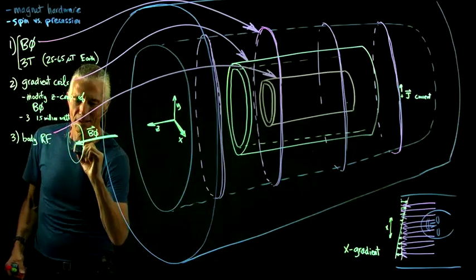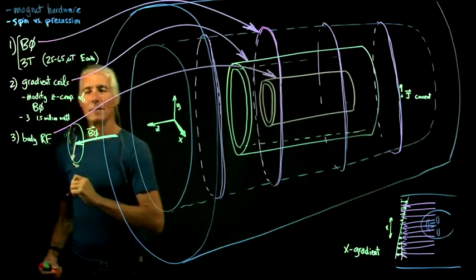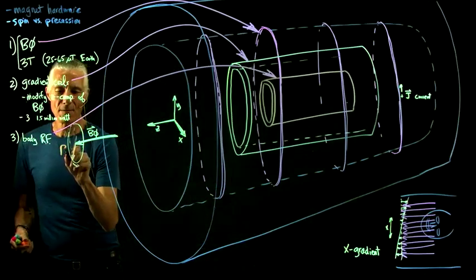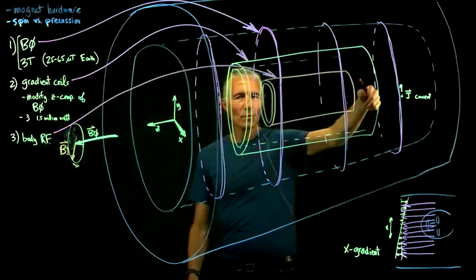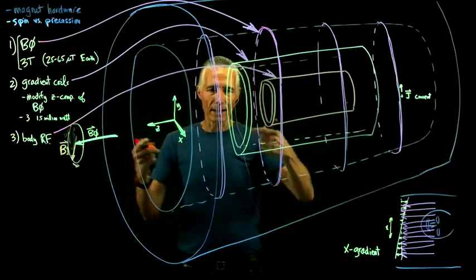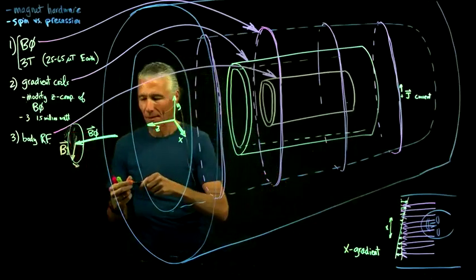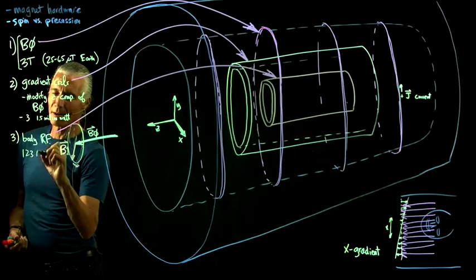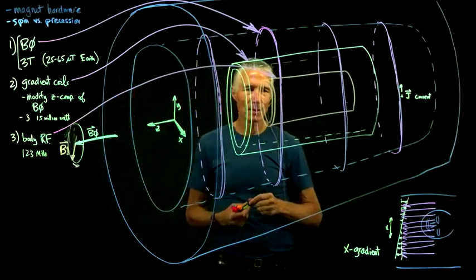Say it's going this direction, and say it's rotating that way. That thing is called the B1 field. Remember the B0 field, the charges are moving around, but the B0 field is static. It's just pointing in one direction. The B1 field is very rapidly moving. For our magnet, it's moving at 123 megahertz. That means 123 million rotations per second.